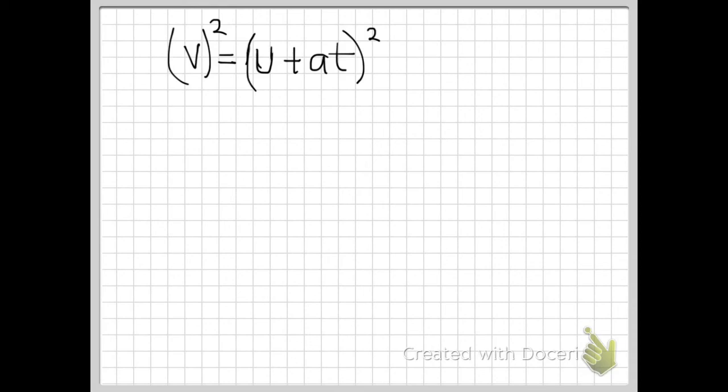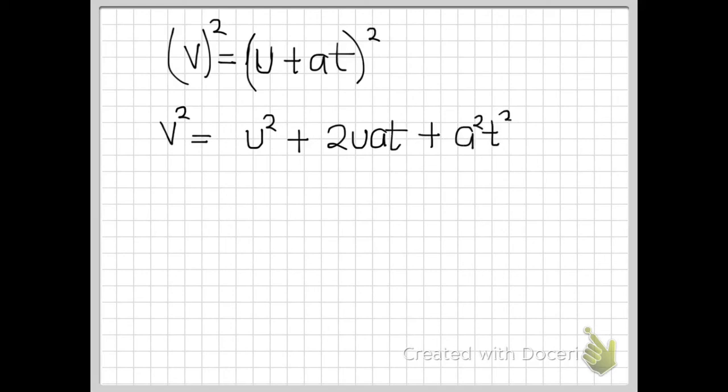So we squared both sides, giving us v squared on this side, then u squared plus 2uat plus a squared t squared. So if we look at this part, we see something similar to the s equals ut plus half at squared equation.